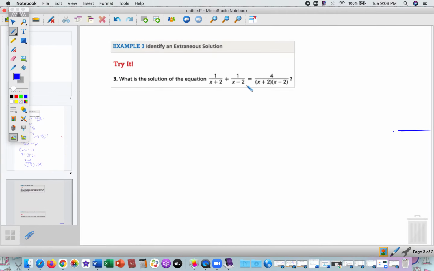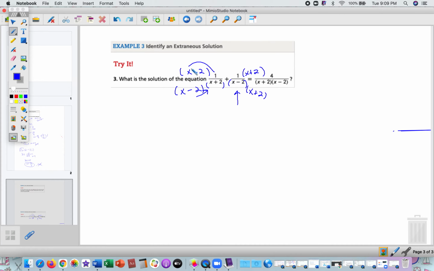First of all, we need to have the same denominator, right? So I need to multiply this fraction by quantity x minus 2, and I need to multiply this fraction by x plus 2. So on the left, if we multiply the numerator and denominator by x minus 2, and we multiply the right by x plus 2, what I mean by right is that right fraction.